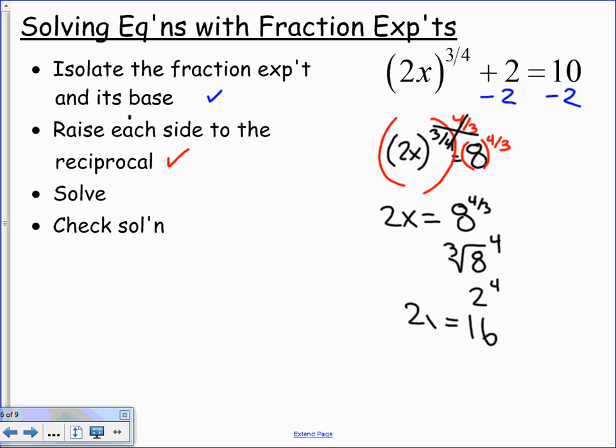So 2x equals 16, divide by 2, and x equals 8. So the benefit of practicing with the flashcard is that when solving, that's only the tiniest of hiccups. You're like, oh, 8 to the 4/3, the cube root of 8 raised to the 4th. Cool. I'm ready to keep going.